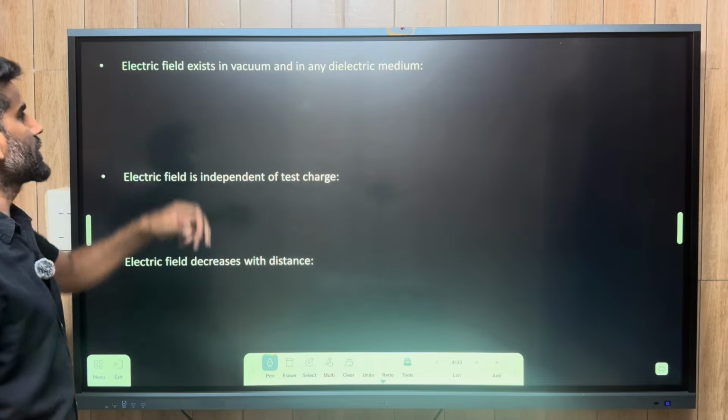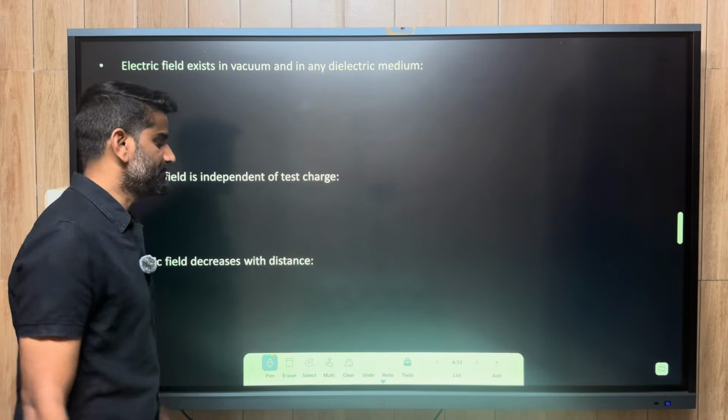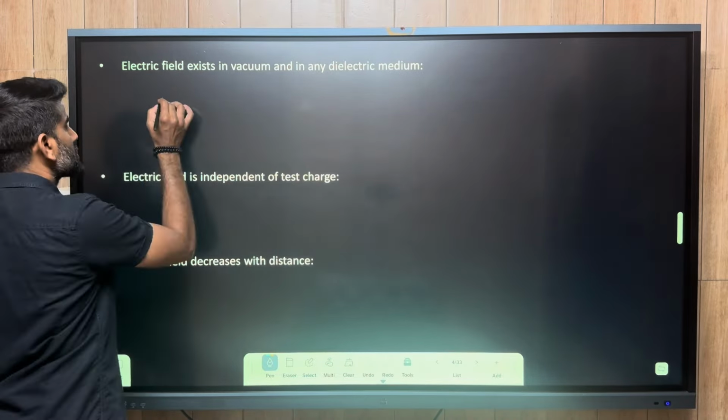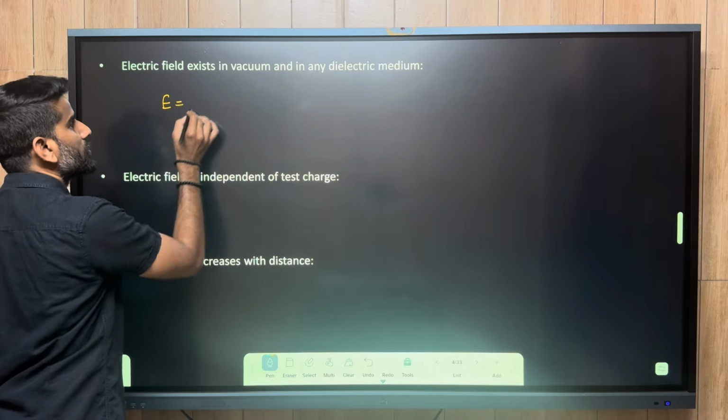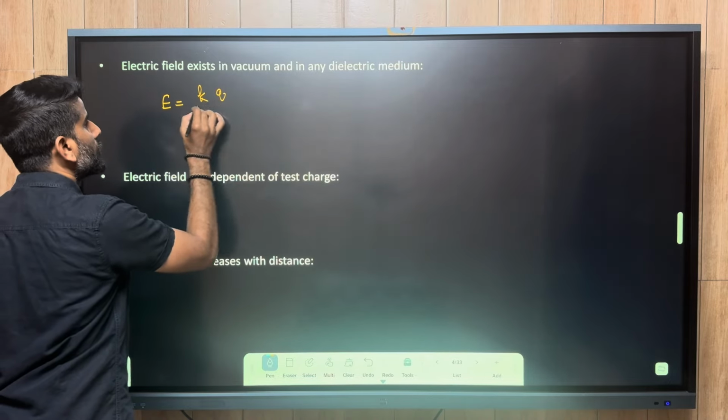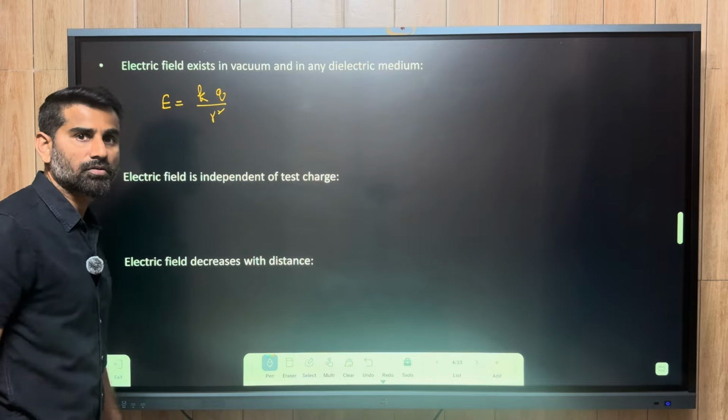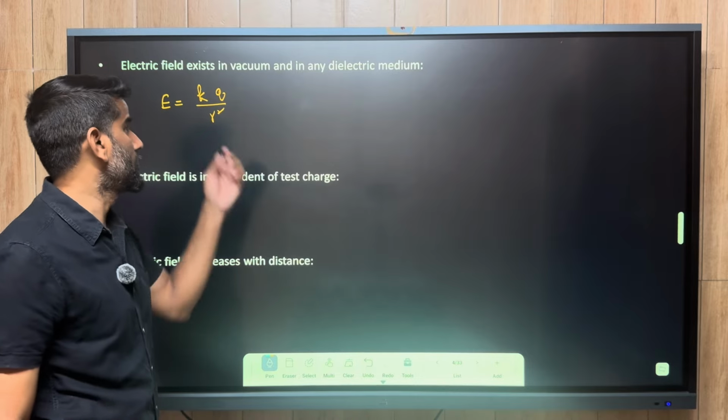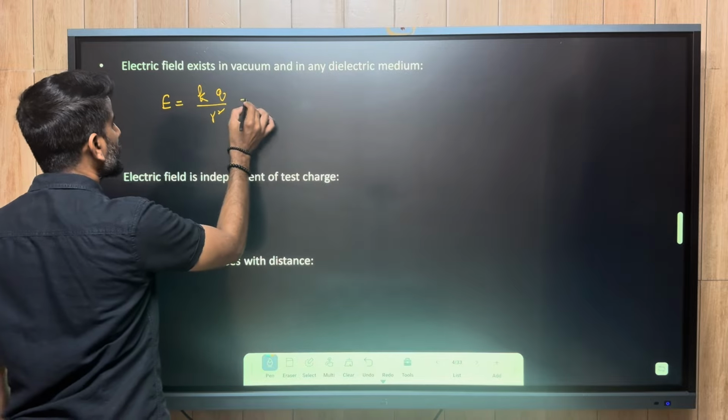Property, which is electric field exists in vacuum. As we have the equation for the electric field, E is equal to KQ by r square. I am using the magnitude representation of electric field only, electric field due to a point charge. Here K is the Coulomb's constant.